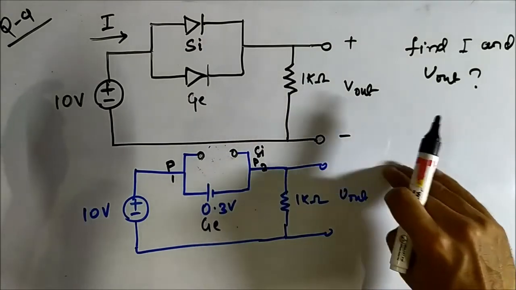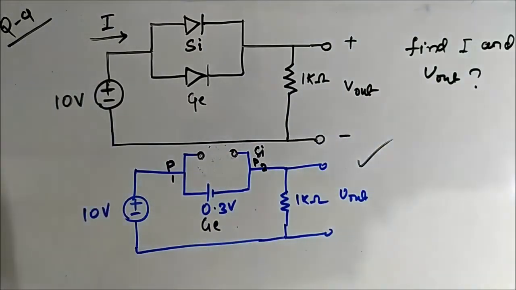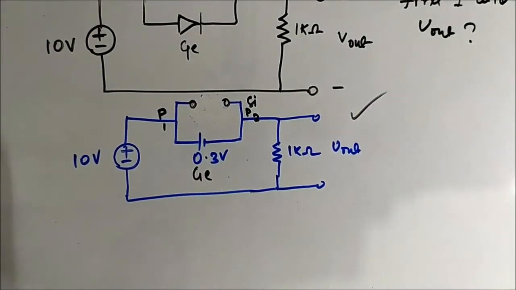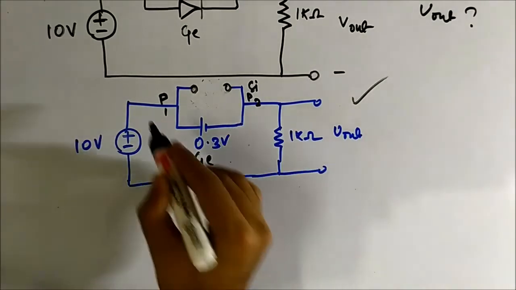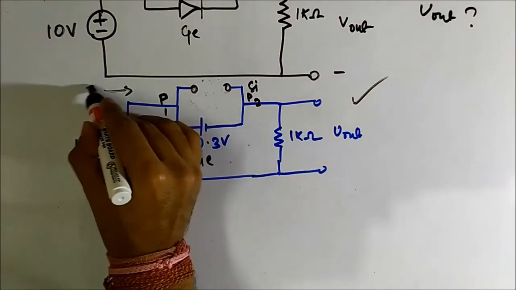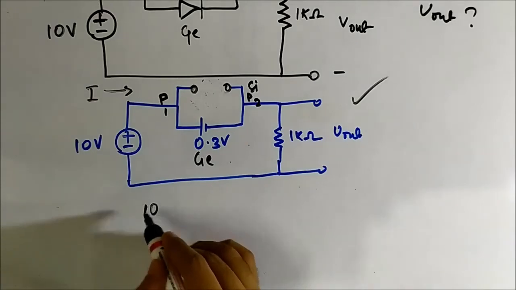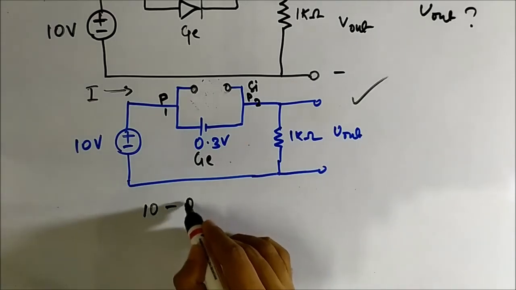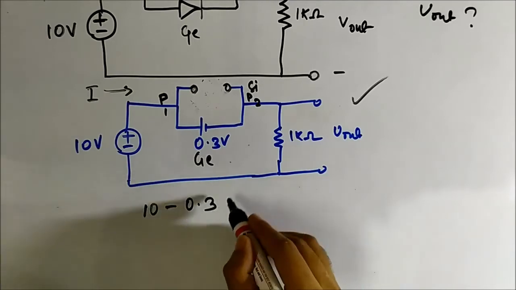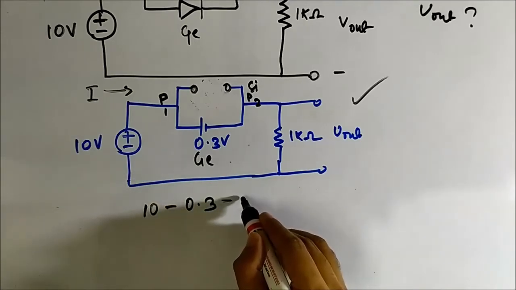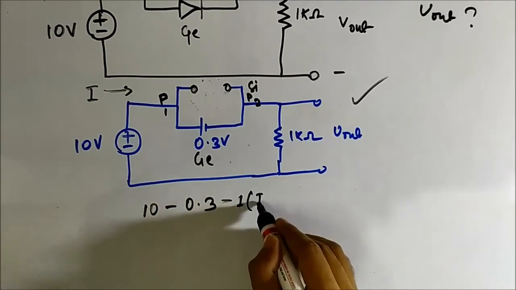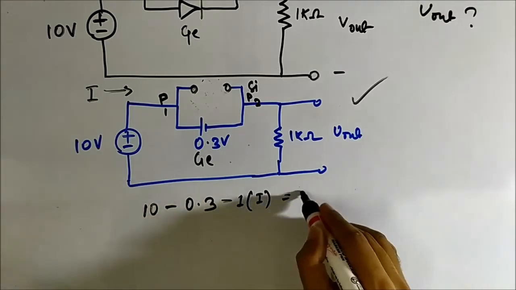This is correct. So now if we apply KVL in this circuit, it will be 10 minus 0.3 minus 1 kilo ohm into I is equal to 0.